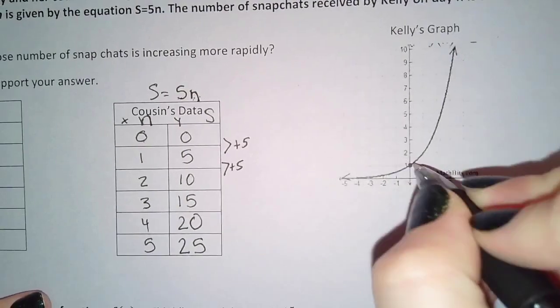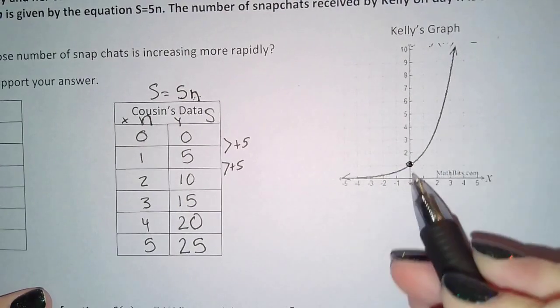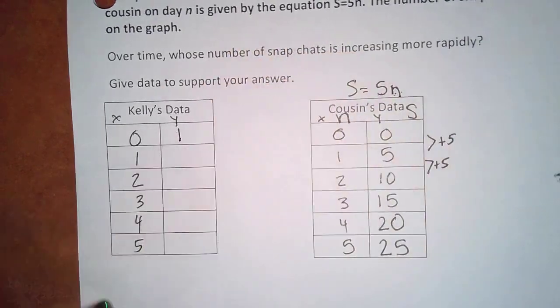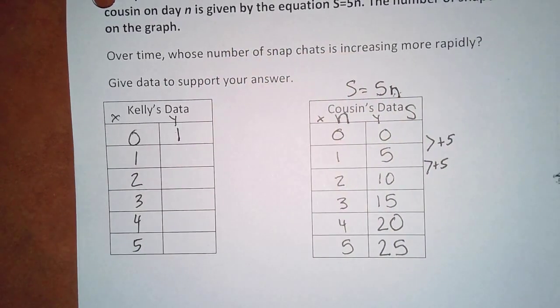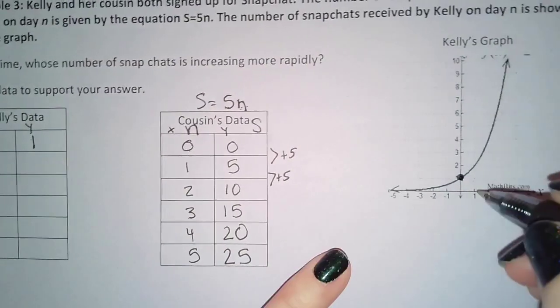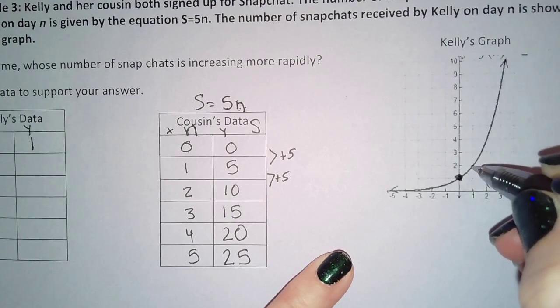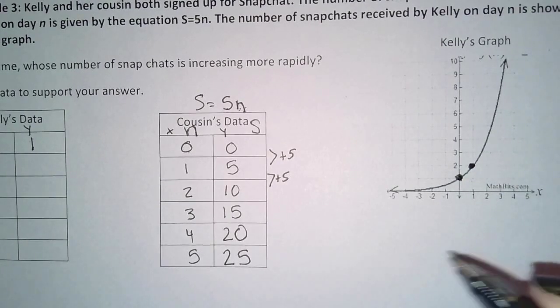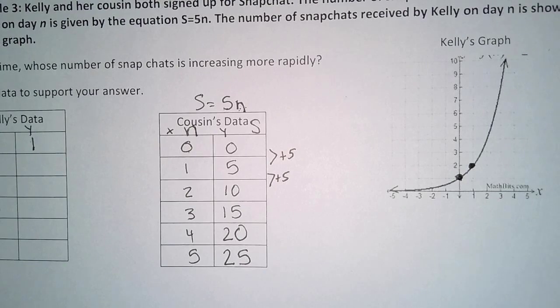On day 0, she has 1 Snapchat. So (0, 1). She signed up and she had that team Snapchat notification. That makes sense. Okay. There was a glitch in the cousin's. She didn't have that. I don't know. Okay, so on Kelly, now on day 1, we go right to 1 up to 2. So 1 day in, now she has 2 messages.